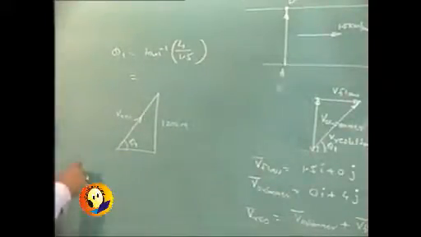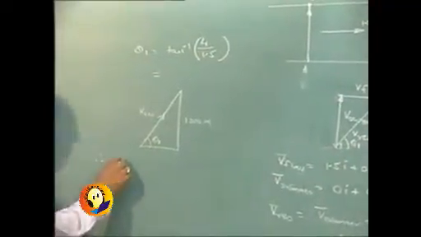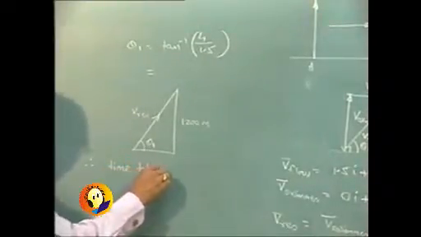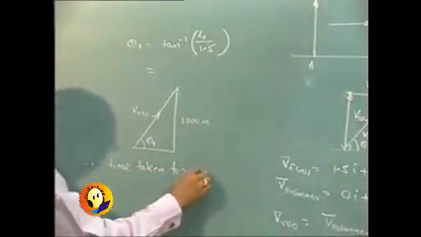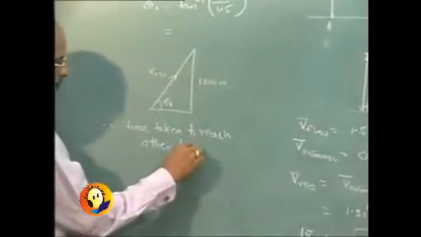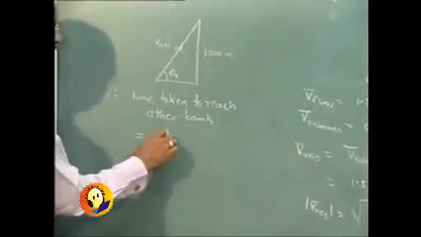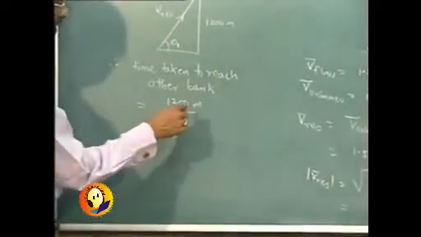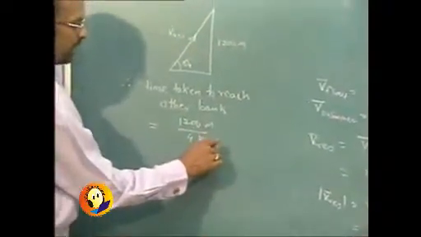And therefore we can say that the time taken to reach other bank is going to be 1200 meters divided by the velocity in the vertical direction, which is 4 kmph.